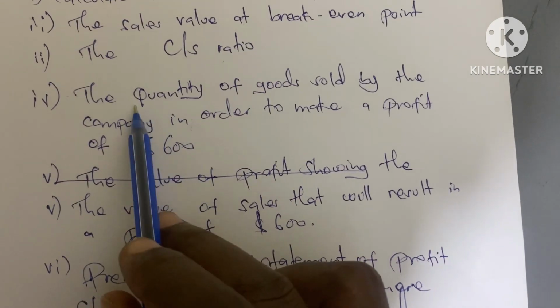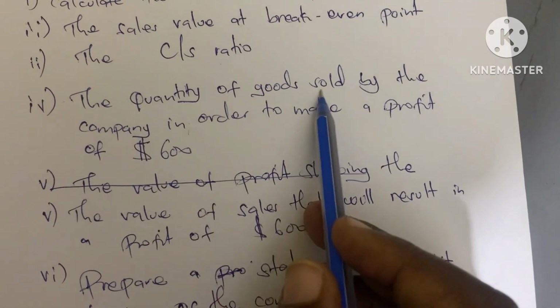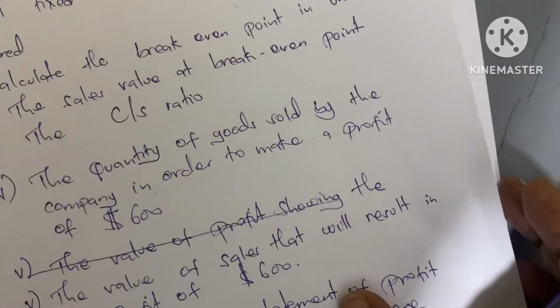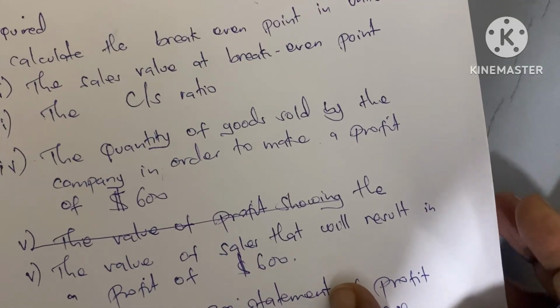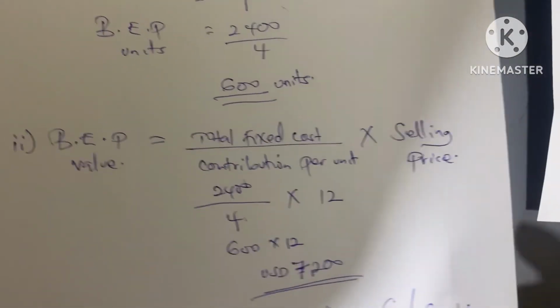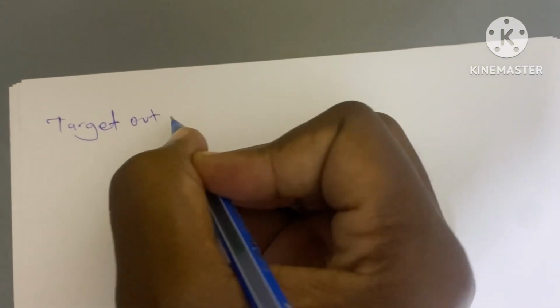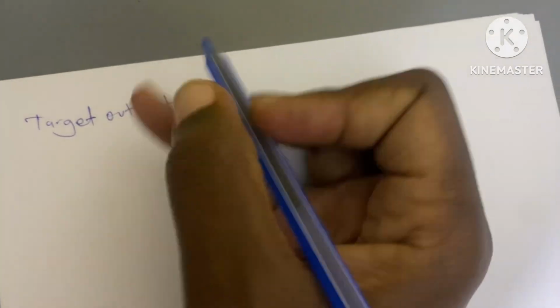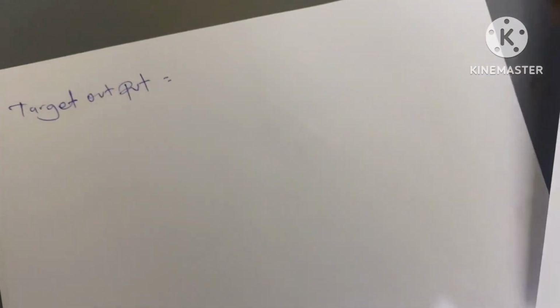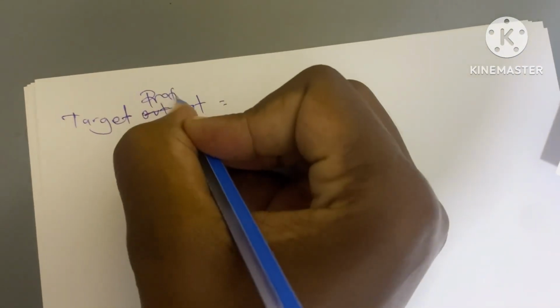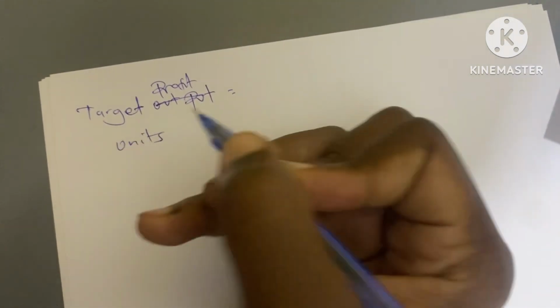Then another part. They want us to calculate the quantity of goods sold by the company in order to make a profit. So this is like target output, or target profit in terms of units. Let's put target profit in terms of units.